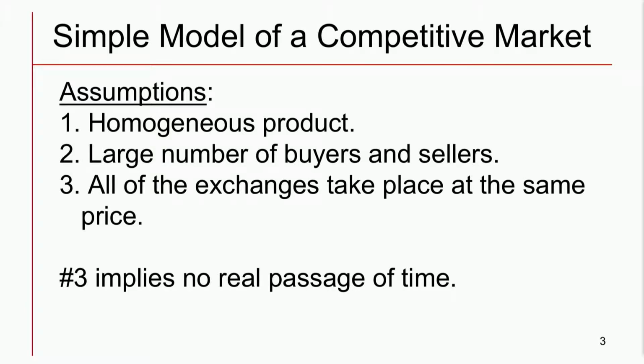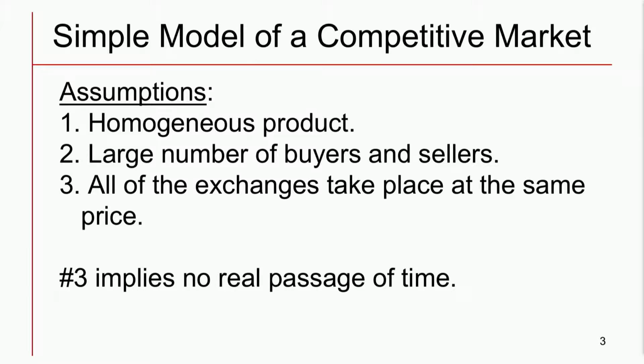Economists have constructed a simple model of a competitive market. There are several assumptions made about the features of a competitive market. First, that the product is homogeneous, which means that every piece of the product is the same as every other. So something like wheat. Second, that there are a large number of buyers and sellers.